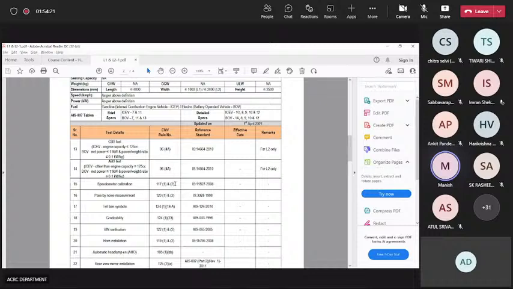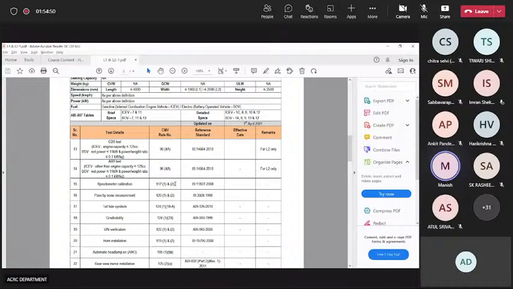It cannot be 40:40, 1:1 should not be there. So the calibration has to be such that the speed showing in the cluster is higher. It has to have 3 to 5% of error as per the homologation requirement. So when the vehicle is running at 90 kmph, your speedometer should show 100 kmph or let's say 98 kmph. That calibration has to be there, and they will check it.